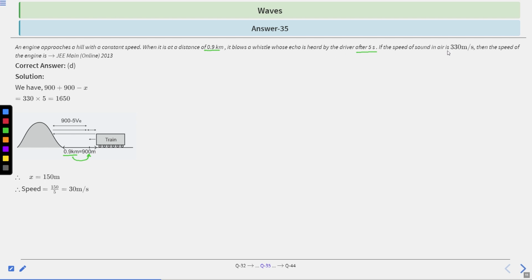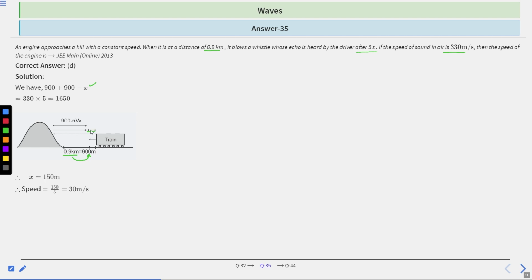If the speed of sound in air is 330 meter per second, then the speed of the engine is, we have 900 plus (900 minus x). When this train engine is moving towards the hill, the distance between the hill and the train is 900 meter, and after 5 seconds the train engine has covered some distance like this.